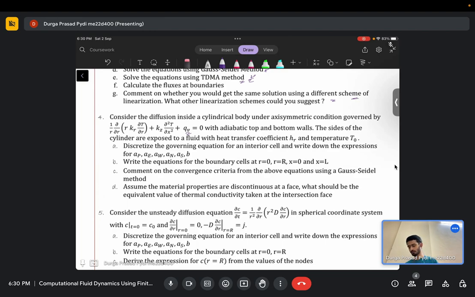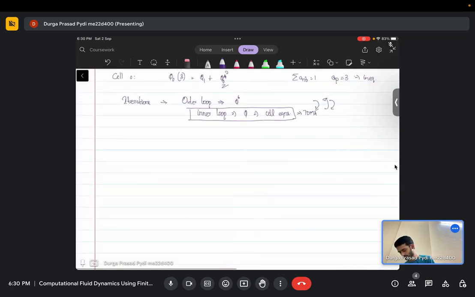So how do you write the equations? You have an axisymmetric coordinate system. If I say this is my Z, this is my R, so R equal to 0 to capital R, and Z equal to 0 to capital H. Here there is no flux, so del T del Z is 0.